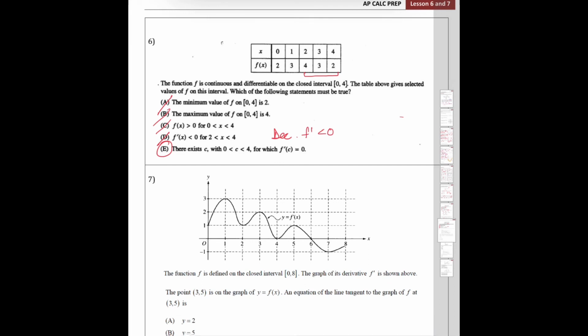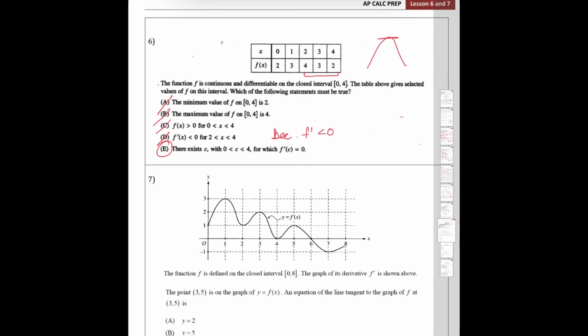And let's see why it is true. So it says there exists a c between 0 and 4 such that the first derivative is equal to 0. First derivative equal to 0 means that you have a horizontal tangent line, meaning you have a critical value, meaning that you have those relative minimums or maximums, right? So maybe it is something like this.